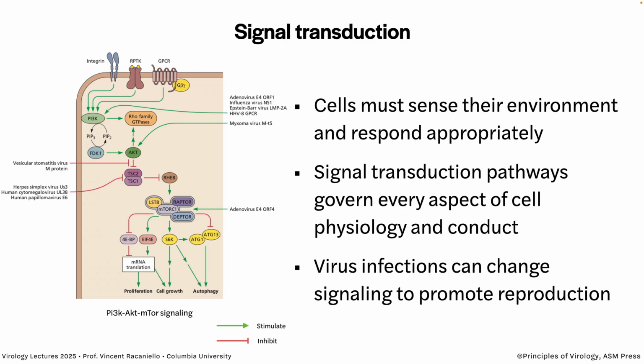Some viruses inhibit parts of these, so they will inhibit the TSC1, 2, but that's good because that's an inhibitor of downstream, so now the downstream events will happen. Okay, so that's just one aspect of signaling. This has to do with making proteins, making cells divide, and so forth.